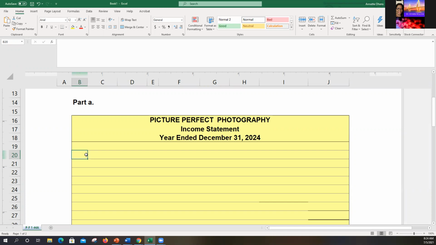So because this is the income statement, you will have your revenue and expenses, and you should have either a net income or a net loss. So we start with the revenue. The revenue is $75,000.